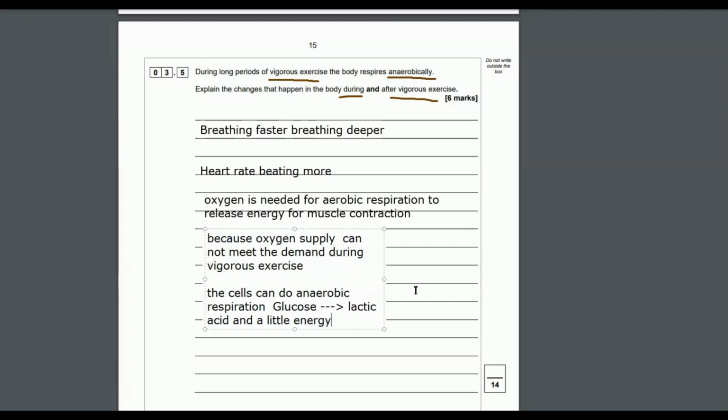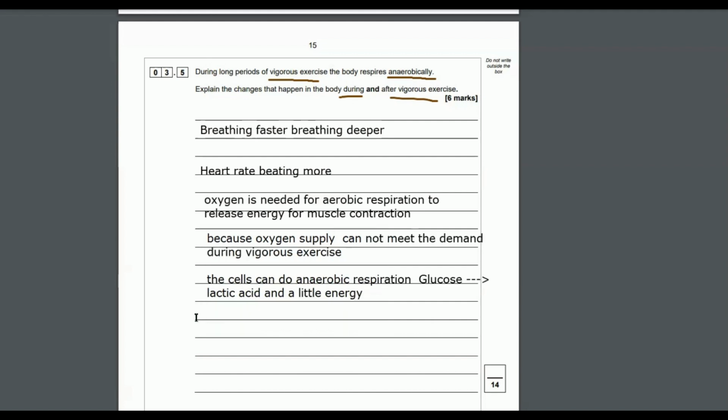So essentially, anaerobic respiration produces lactic acid, but it does make a little energy to help you with that vigorous exercise. What's the problem? Lactic acid is toxic and makes muscles tired and painful and sore. It fatigues them.